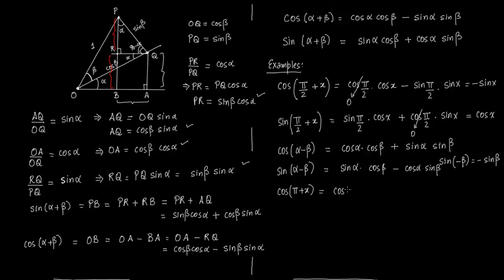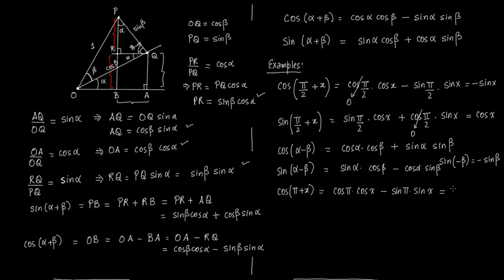Now I will write certain other formulas. Again, we are using addition formulas. So now here you see that sine pi is 0 and cos pi is minus 1.